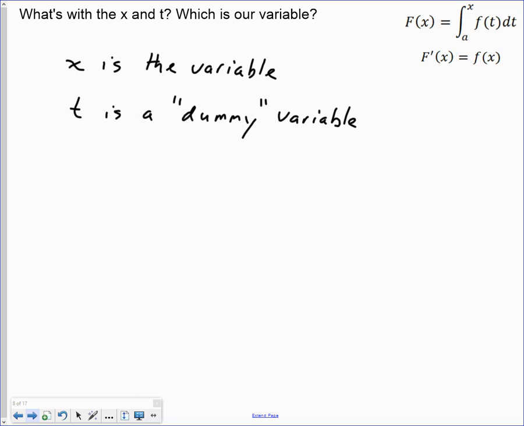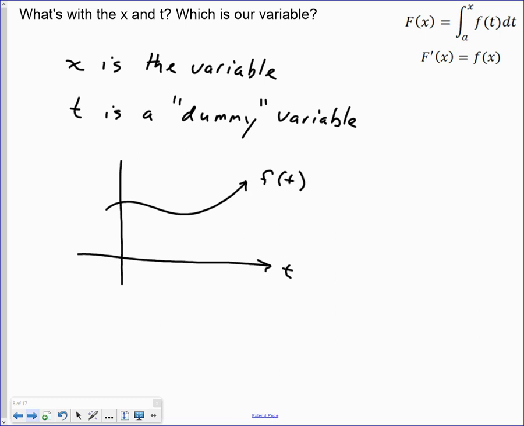So keep in mind the picture of these functions as the area accumulation thing. Imagine you've got a function, f is a function of t, which is graphed with an x-axis starting at 0 and going up to t, and x is some point on this graph, which we can change, move left or right, that determines where we stop taking our area.